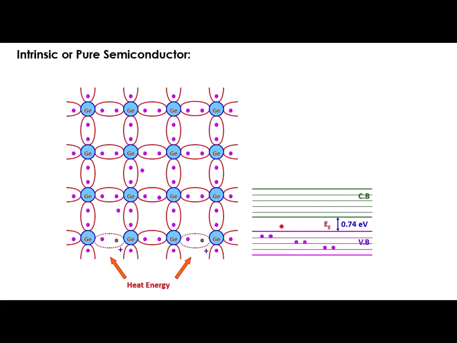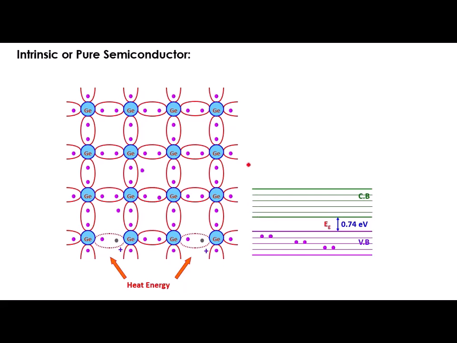The highest energy level of the valence band is separated from the lowest level of the conduction band by an energy gap called the forbidden energy gap. In case of a semiconductor, this forbidden energy gap is around 1 electron volt.